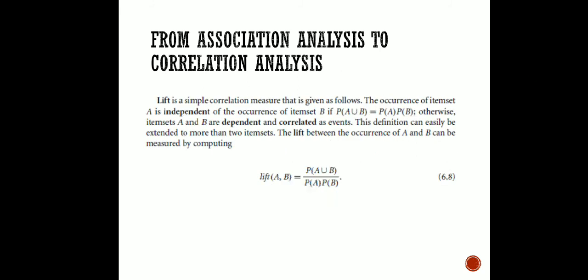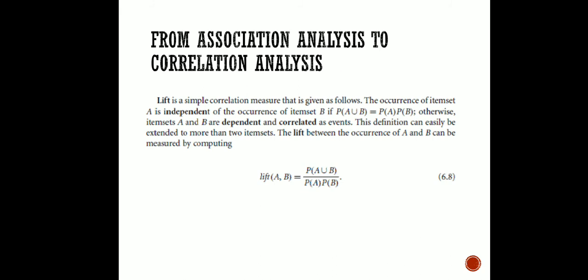The name of the technique is lift, a simple correlation measure. The occurrence of item set A is independent of the occurrence of item set B if the probability of A union B is equal to the probability of A times the probability of B. If you remember, this is the principle of independence, and the occurrences of A and B are not dependent on each other if this happens.